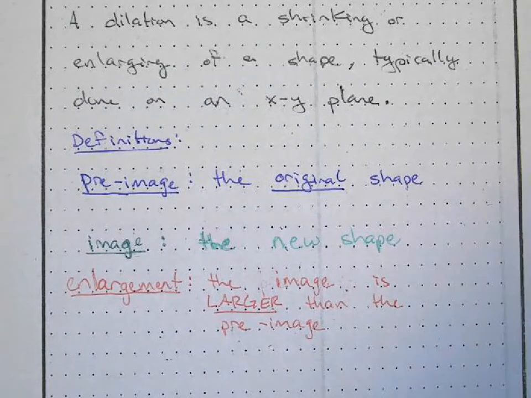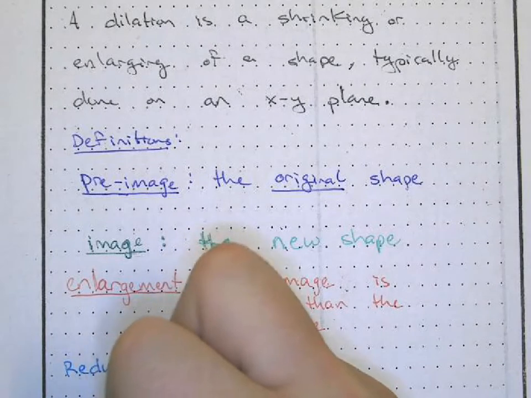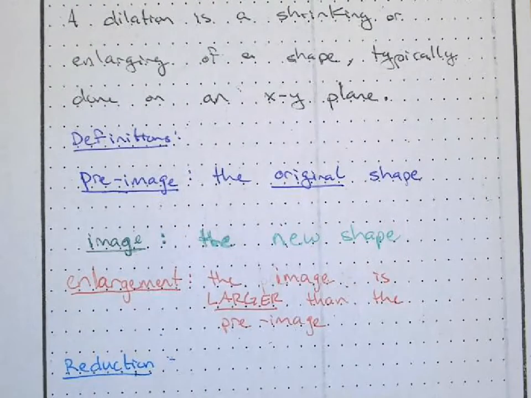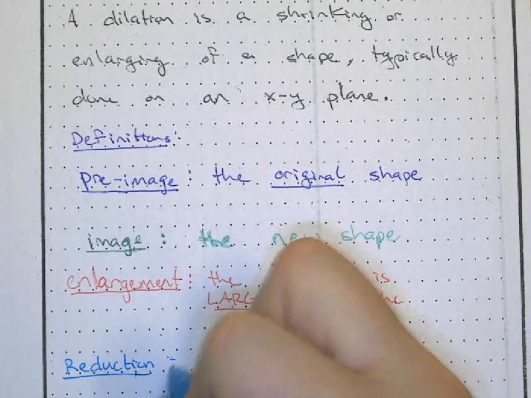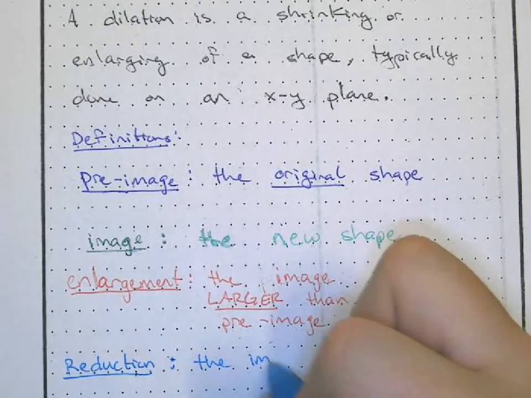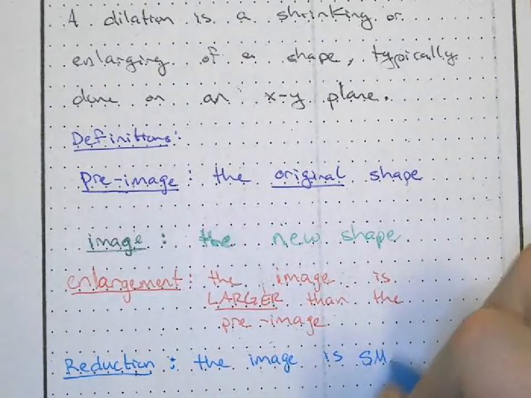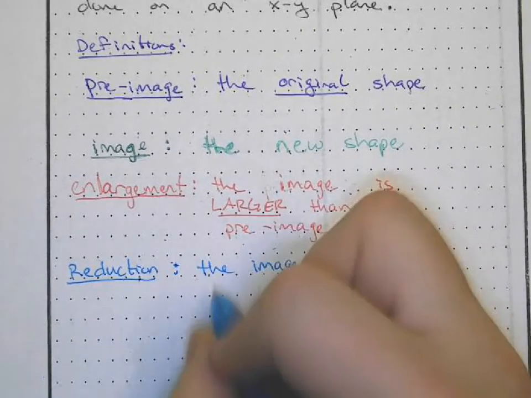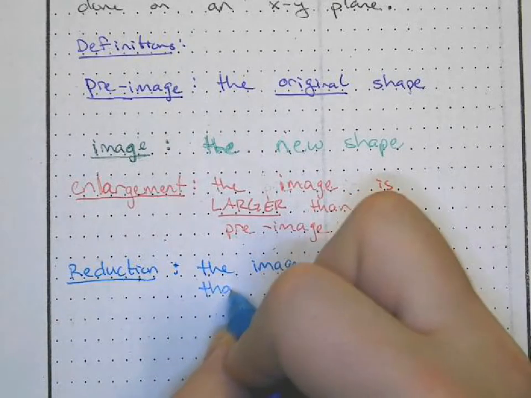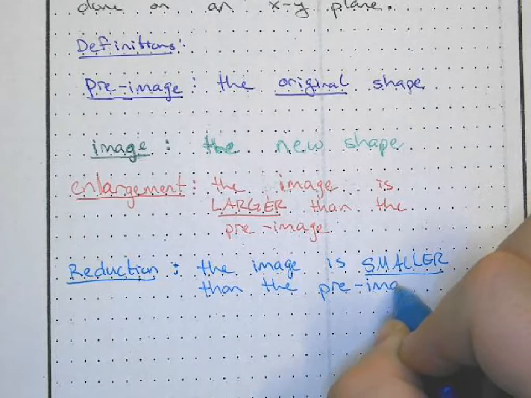And then we have what's known as a reduction. And that's where the image is smaller than the preimage.